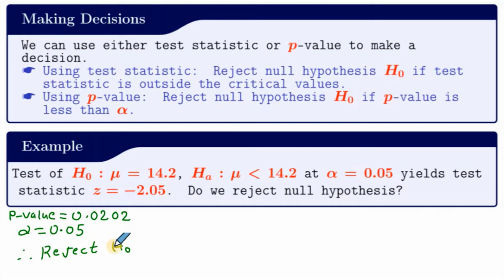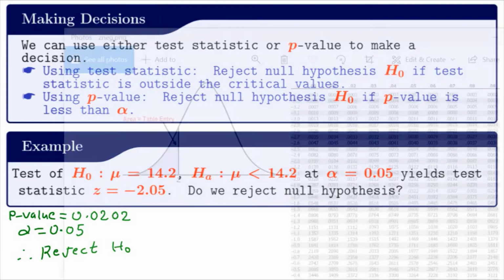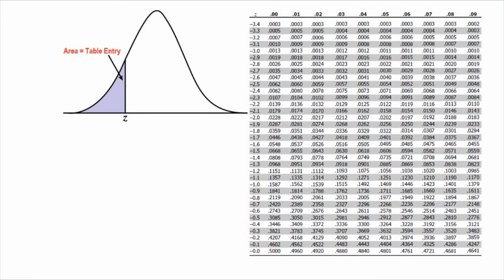Now, let's do this using the critical value. To find the critical value using a Z table, let me pull up my table on the screen. Now, find the number closest to 0.05 among these tiny 4 decimal place numbers.